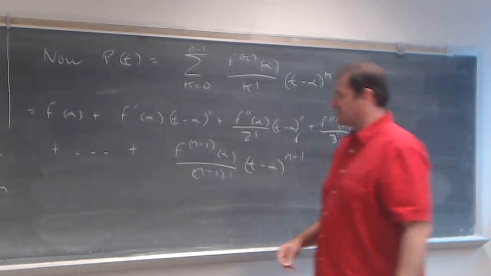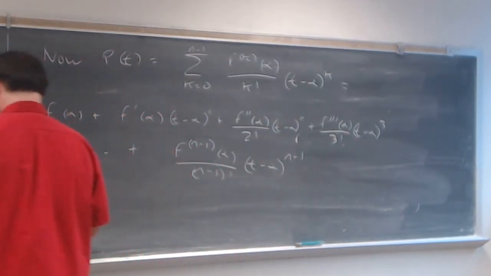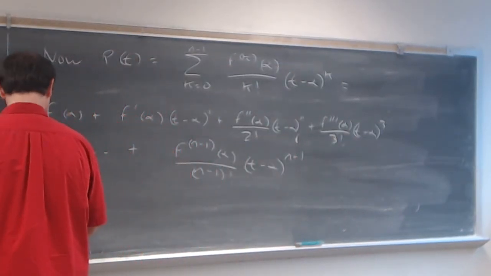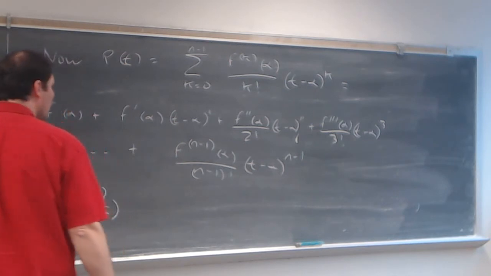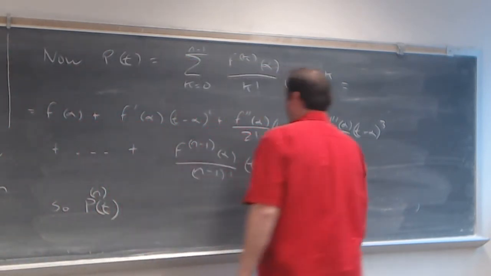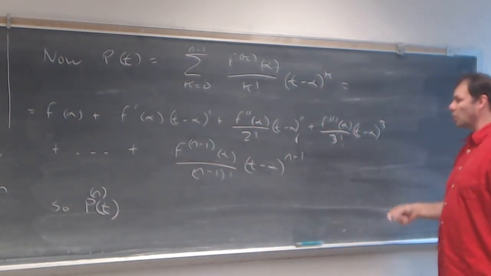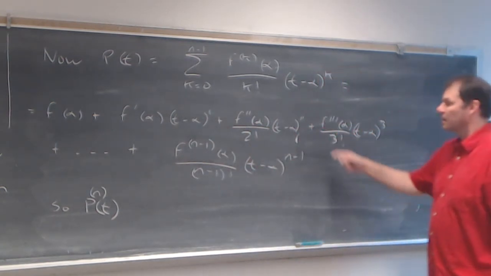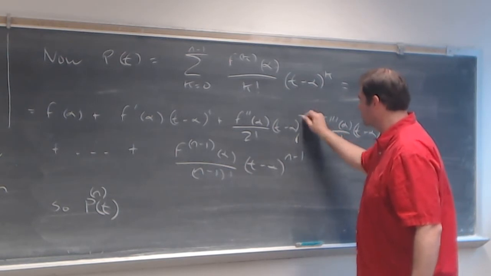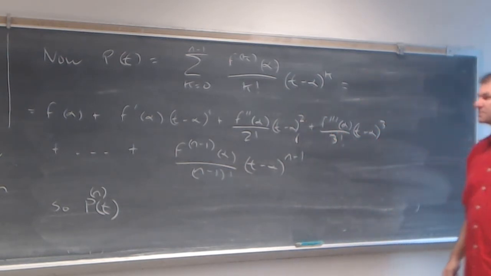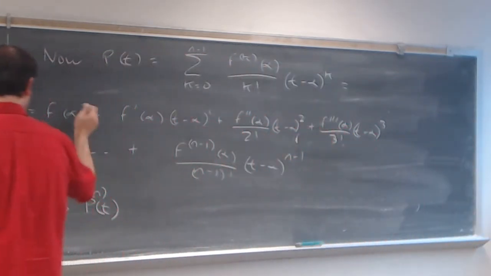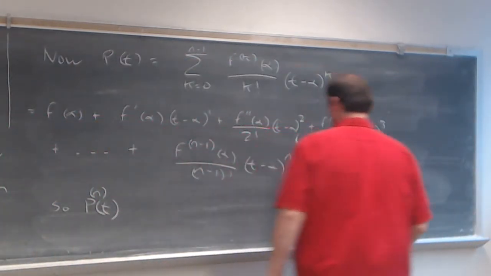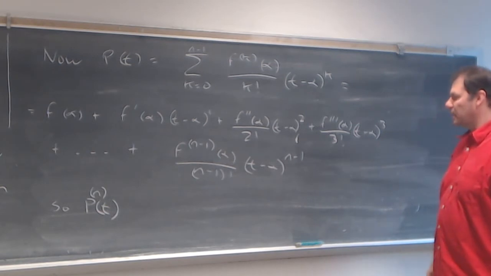Okay, now if you were to take the nth derivative of P of t, what's going to happen is that all of these terms are polynomials in terms of t. This should be a 2. This is an alpha here. I don't know how clear that is. And it's a polynomial whose degree is n minus 1.